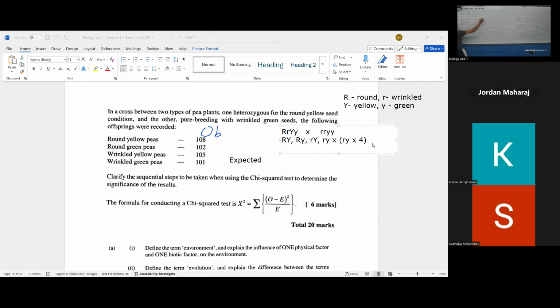Capital R indicates that it is round, and capital Y indicates yellow.